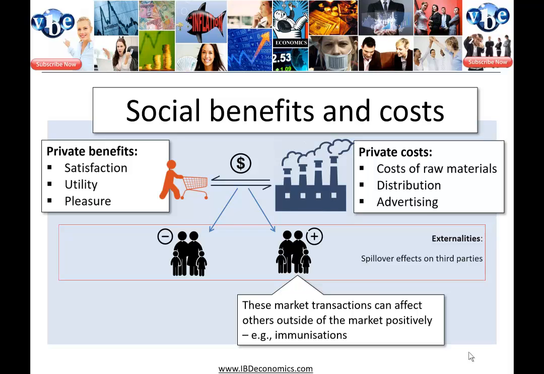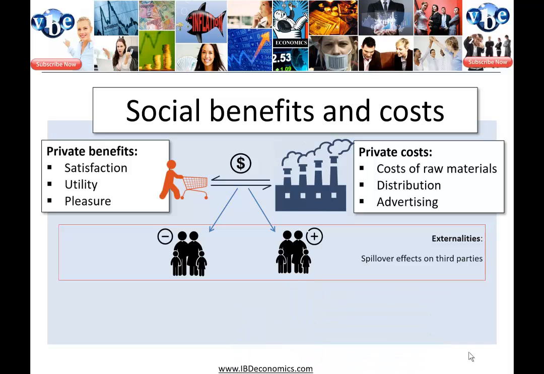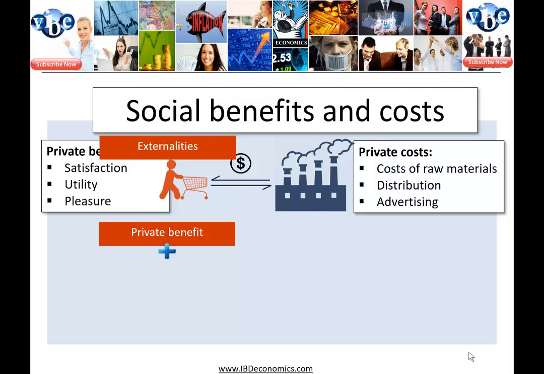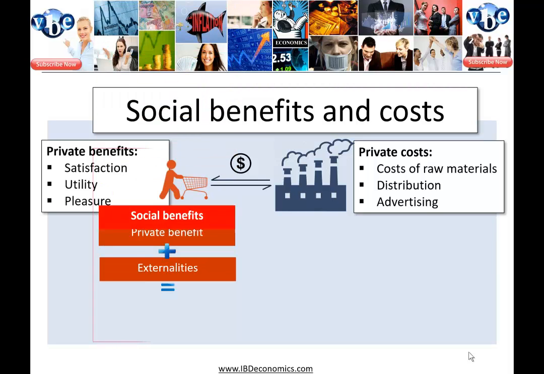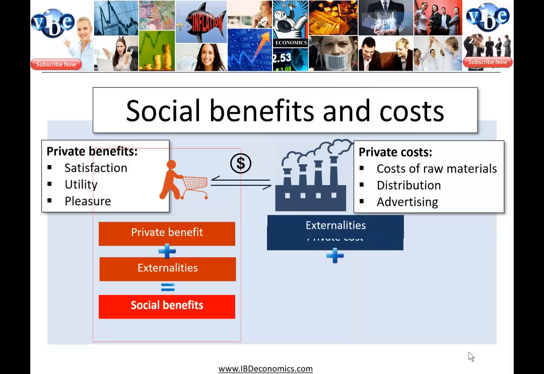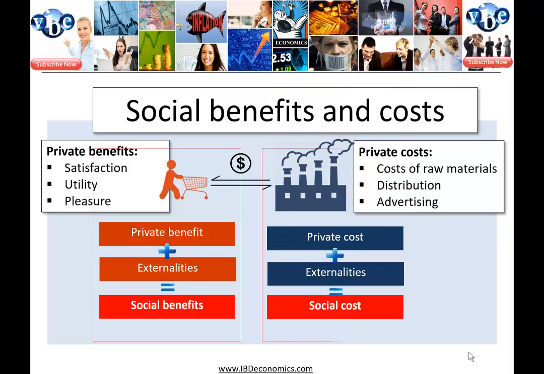These spillover effects can be positive and they can be negative. Externalities. So private benefit plus the externality equals social benefit. Private cost plus an externality equals the social cost.